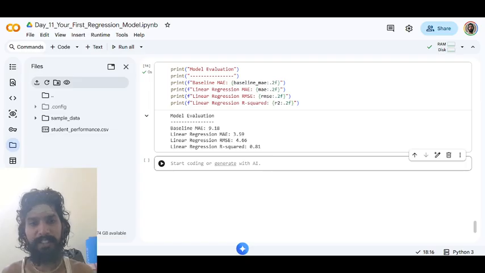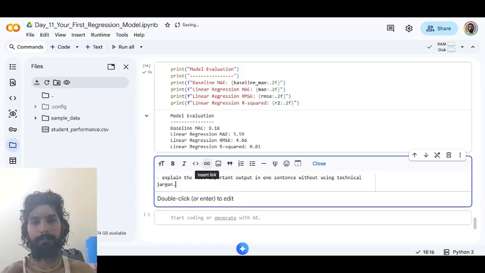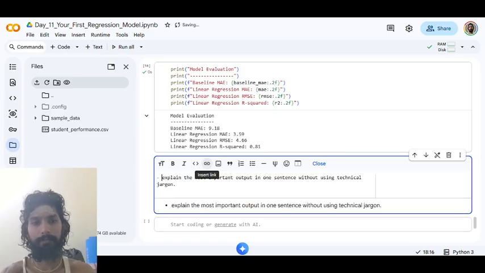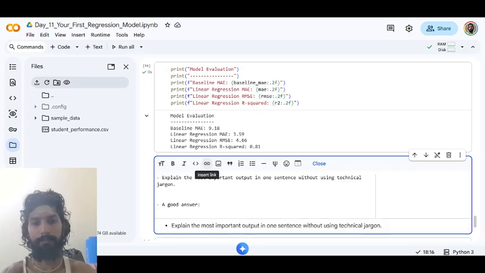A good answer could be, so this is the question. A good answer could be, the model's prediction is usually about 4 score points away from the student's actual result.